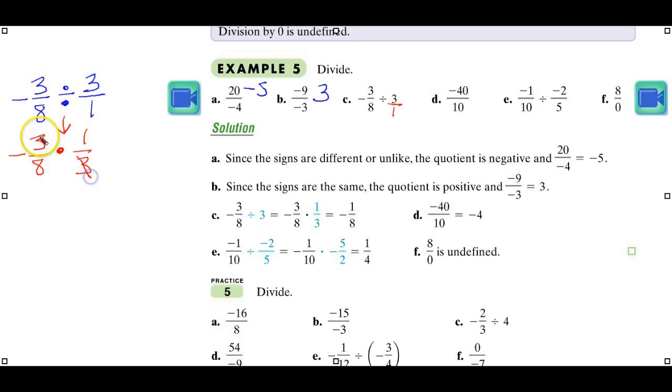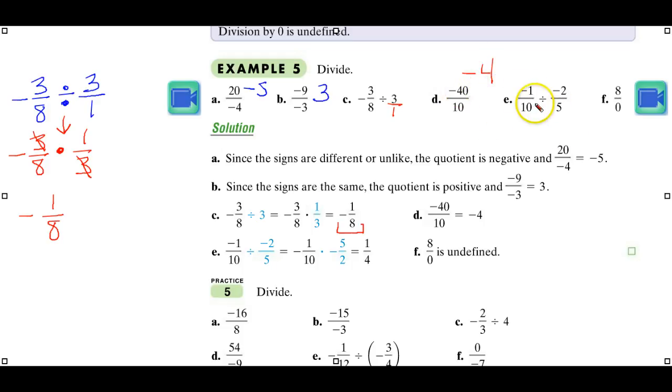So here we can cross cancel, these become 1s, so we have a negative 1/8, which is what they have right there. Now here, our division, unlike signs, so our answer will be negative. 10 goes into 40 4 times.